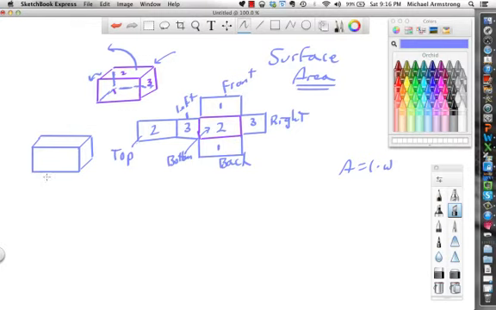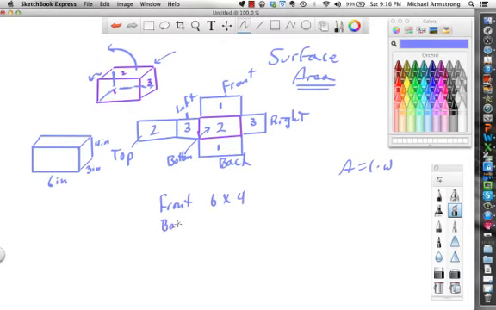And we might call this like 6 inches, and this 3 inches, and then this 4 inches. Alright, so if this is 6 inches and this is 4 inches, this is that front piece. We had one front and one back, so front is 6 by 4.